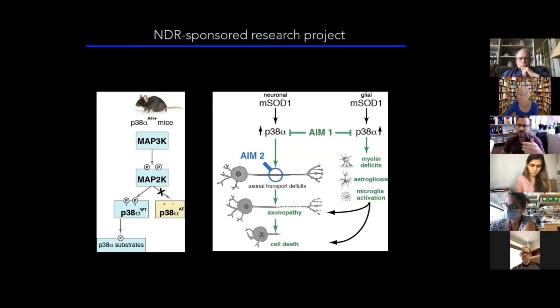I already showed you data here that the ALS deficits were not caused by JNK, but instead by P38. But in another project, the squid revealed that deficits in axonal transport caused by mutant Huntington were caused by a kinase that is known as JNK3.